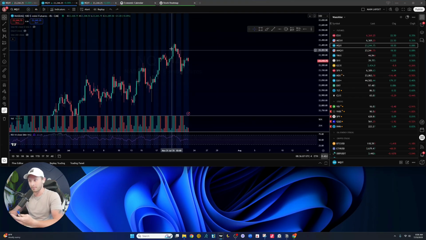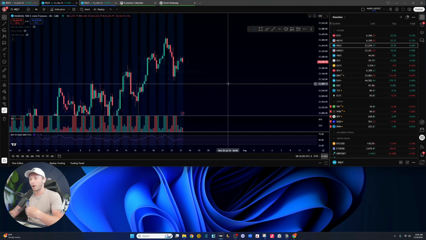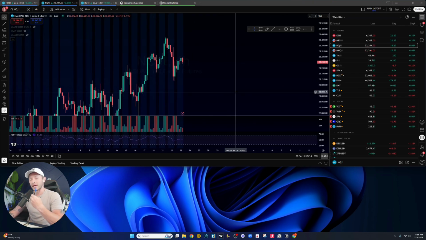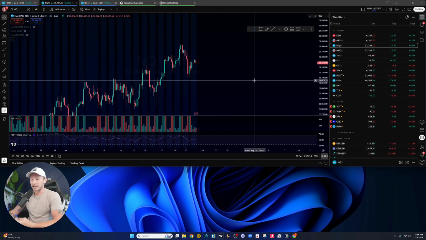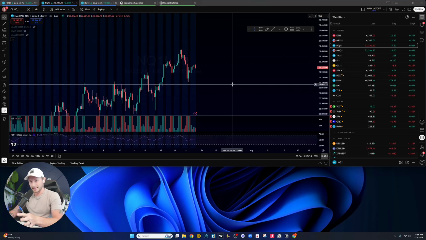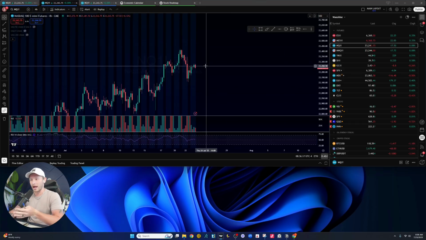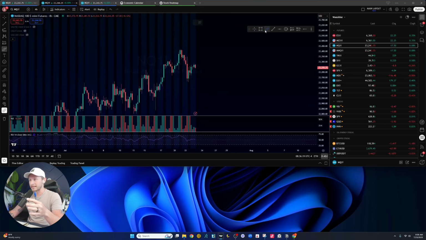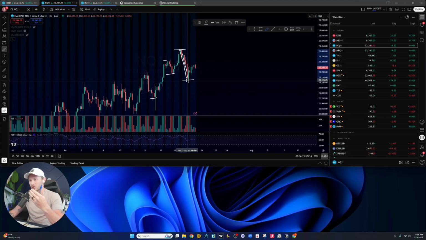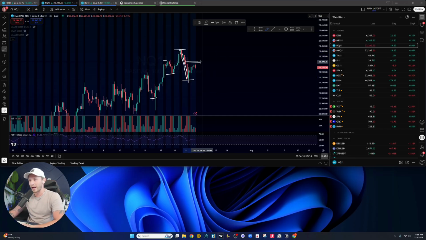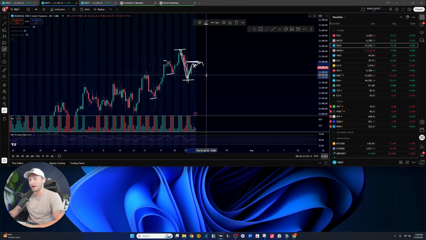This is one of the examples, the second leg short, where I would be expecting some additional follow through to the downside. But the second leg short is simple. As long as you can read the trend like we've just done, and you can identify when we've gone from, say, an uptrend and now we're range bound and we see the first clear leg to the downside, we can strategically come in, do additional analysis to get an idea of where that lower high can form.